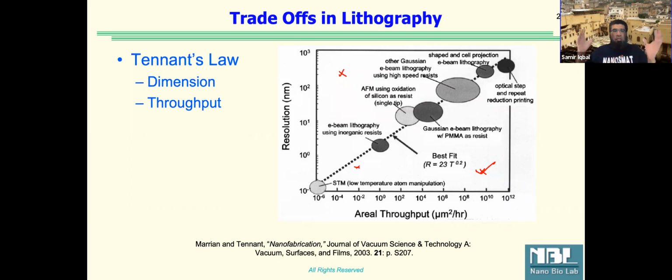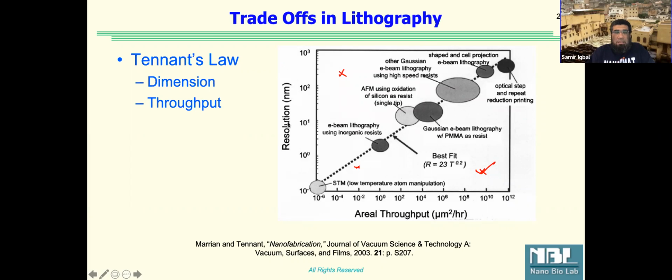So if the wafer is too big, you cannot expose the whole thing together. You have to expose smaller pieces at a time. That means the throughput becomes slow, which means it takes more time to process X number of wafers, right? So areal means how much area can you process in 1 hour, for example.